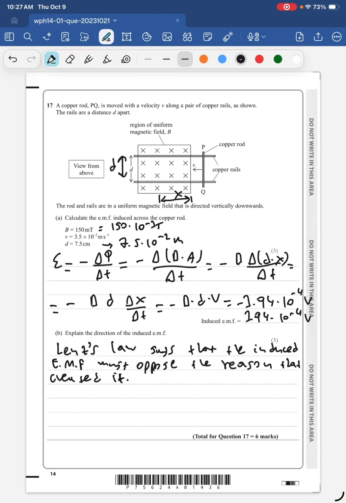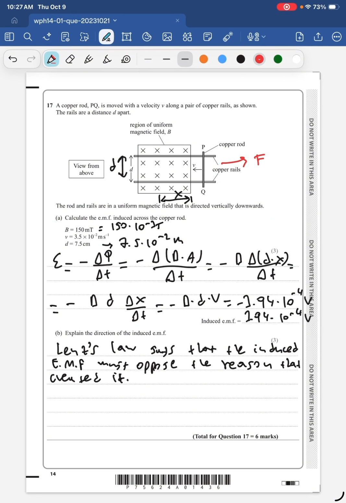And the reason that created this EMF is the rod cutting through the magnetic field, okay? So we basically have to make the argument that when the rod attempts to enter this magnetic field, the magnetic field is going to induce an EMF, and therefore a current that is going to oppose this change. Therefore, it's going to induce a force to the right.